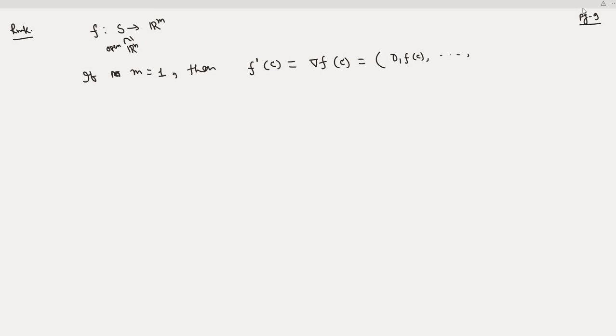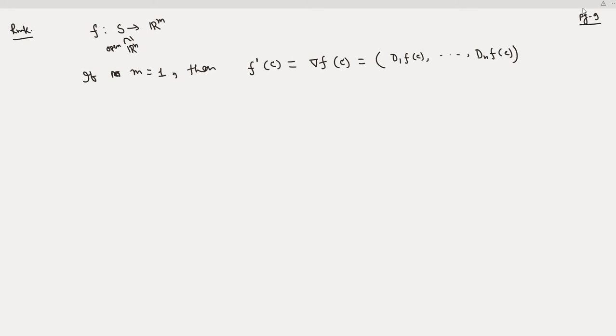So remark: we have considered a function from S to R^m, where S is an open subset of R^n. Now if small m equal to 1, then what we have, f prime of C is equal to nabla f at C, and this is equal to (d1 f of C, and so on, dn f at C). So they are the partial derivatives.